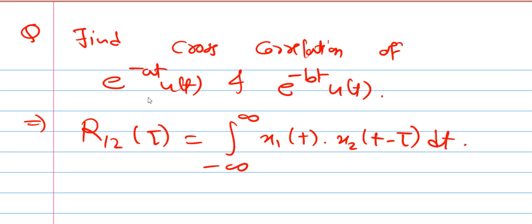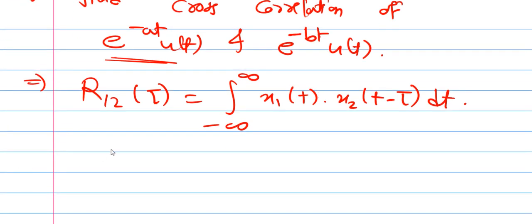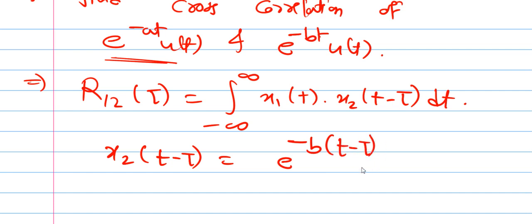Now x1(t) is e raised to minus at u(t), which is available, but x2(t minus tau) is not available. Instead x2(t) is available, so I need to find x2(t minus tau). In place of t put t minus tau. So it becomes e raised to power minus b(t minus tau) u(t minus tau).